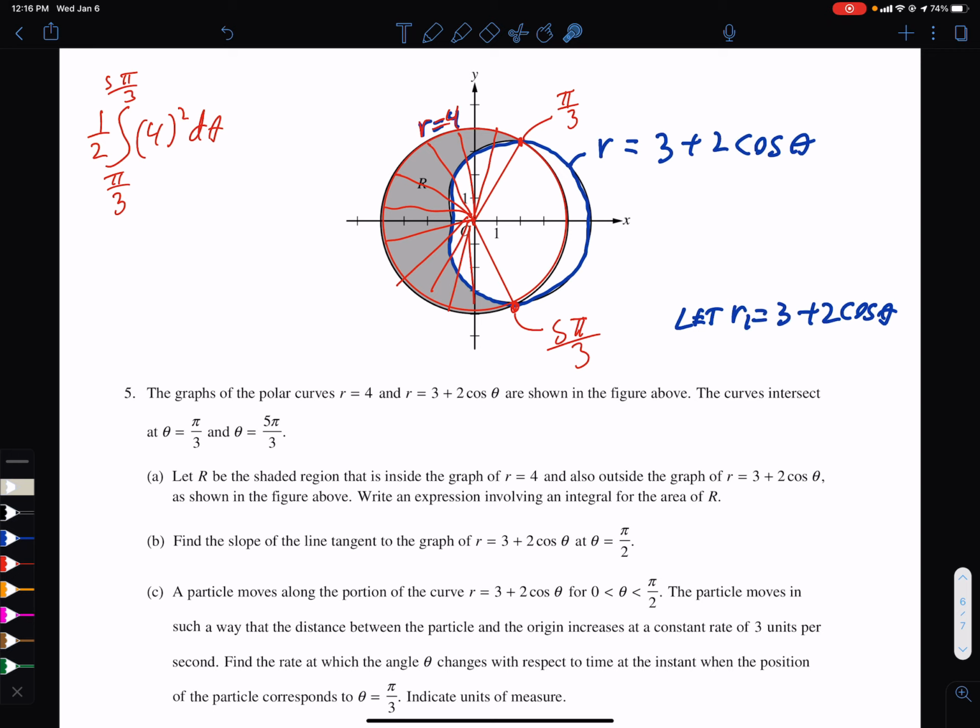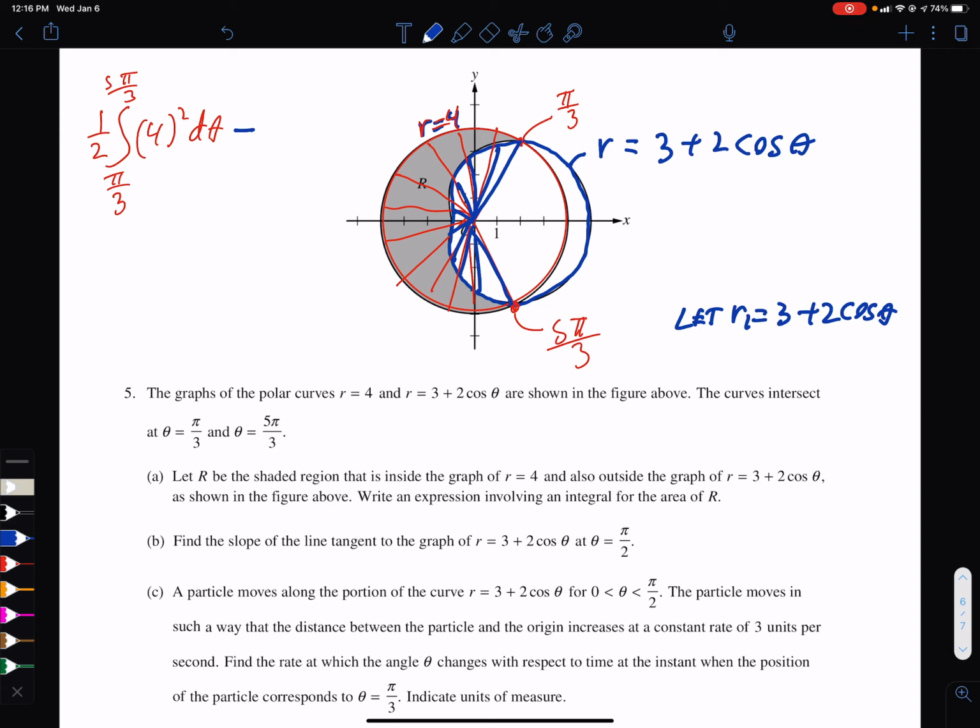Now, all of this stuff here shouldn't be included. That's not part of the shaded region. That's actually the area inside of the blue. So I have to subtract the blue portion. Again, areas are swept out by an angle. We start at that angle and keep increasing until we get to our ending angle, which is there.